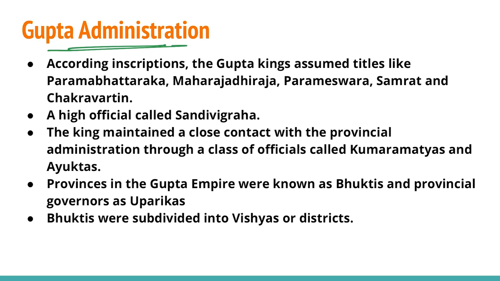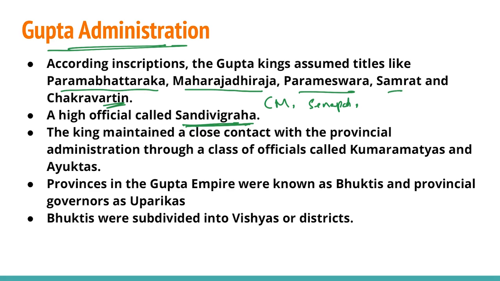Gupta administration. According to inscriptions, the Gupta kings assumed titles like Parama Bhattaraka, Maharajadhiraja, Parameshwara, Samrat and Chakravartin. The king was assisted in his administration by a council that consisted of a chief minister, a Senapati, who is also called the commander-in-chief of the army, and many other important officials. A high official was called Sandhivigrahika, mentioned in Gupta inscriptions, and most probably he was a minister for foreign affairs.